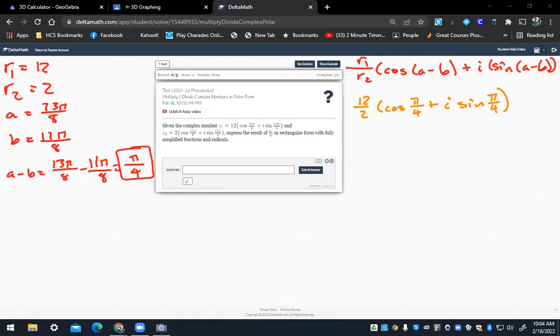Yes, this plus doesn't change. The formula for multiplication is R1 R2 cosine of A plus B plus i sine of A plus B. That would be for multiplication.